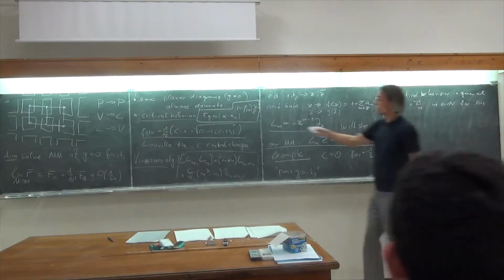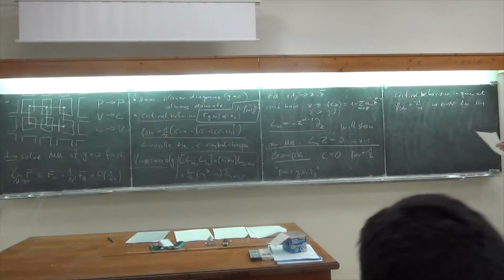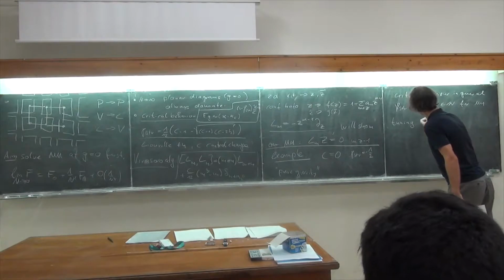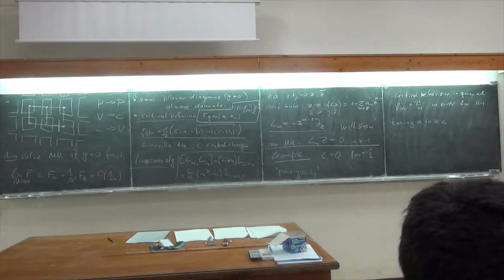So I said we have to tune our quartic coupling to some critical value, alpha critical. So what does that do on the density of eigenvalues?